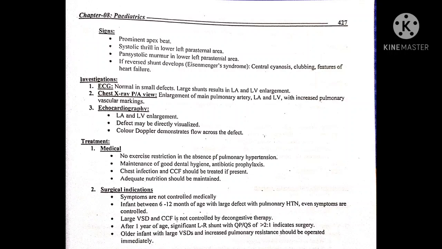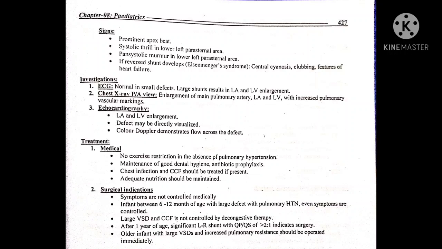After 1 year of age, significant left to right shunt with Qp/Qs of more than 2:1 indicates surgery. Older infants with large ventricular septal defect and increased pulmonary resistance should be operated on immediately.